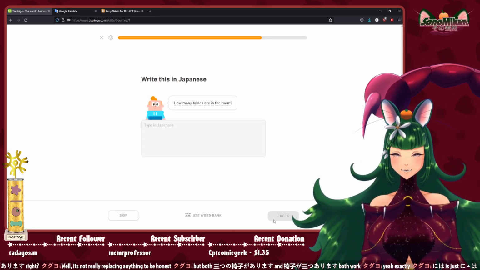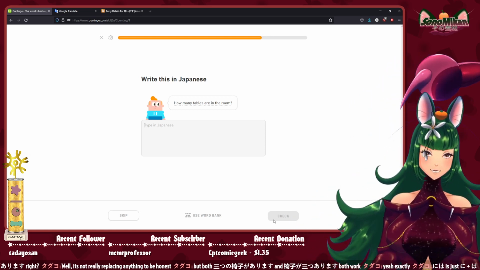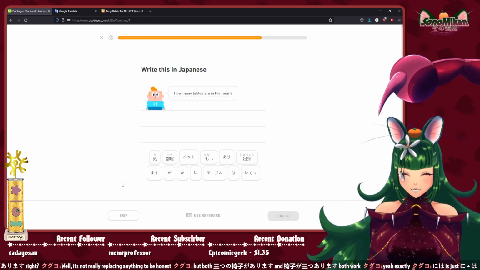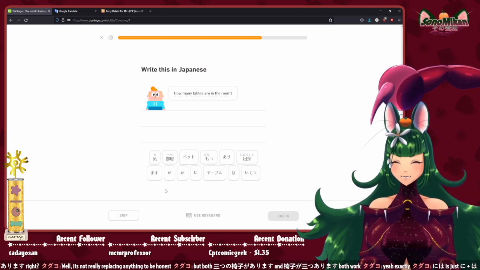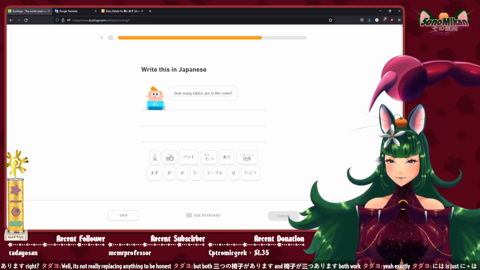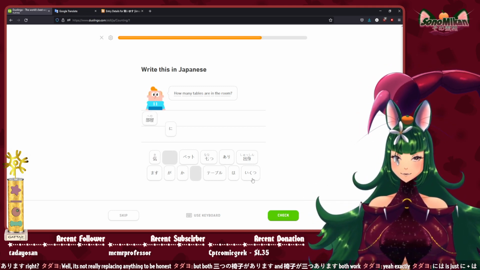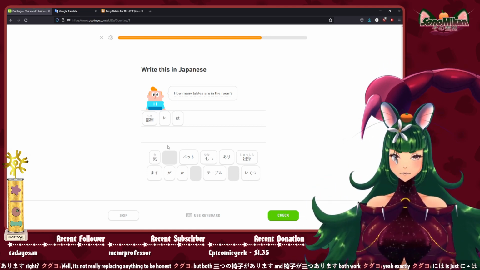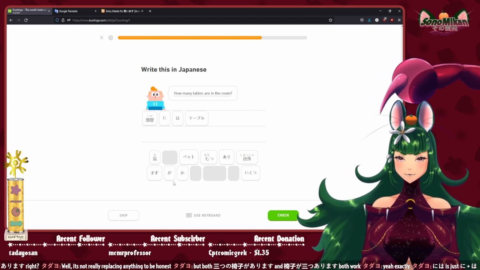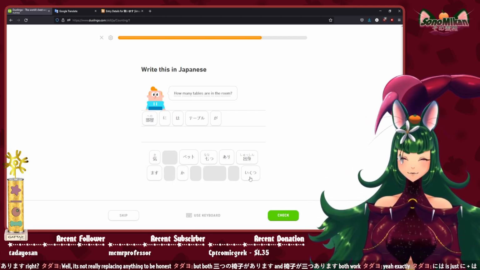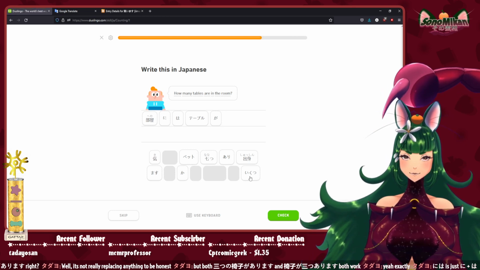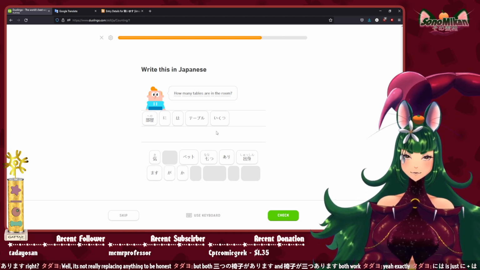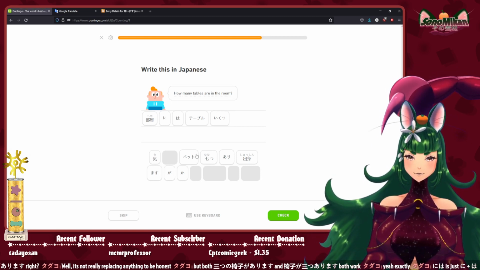This is why I consider myself a beginner-ass beginner. Oh god, I can't type in Japanese. My keyboard is not set up for that. So, in the room. So, heya ni wa, because we're talking about the room. Teburu ga ikutsu, or is it teburu itsu?